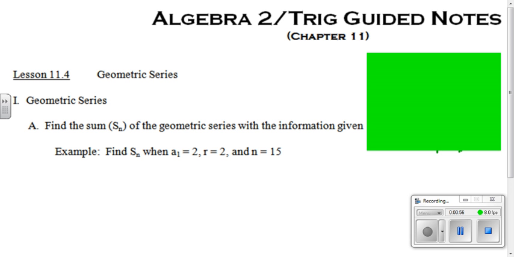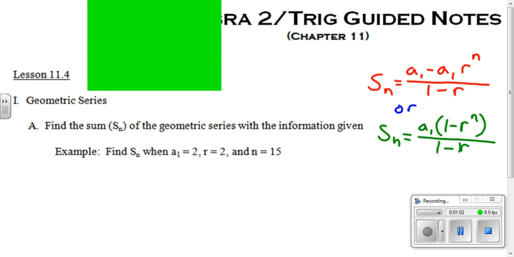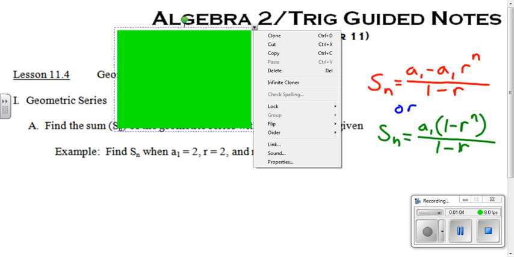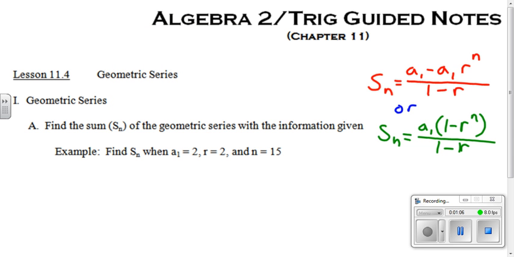Anytime we are given a geometric sequence or asked to find a sum of a geometric series, we want to look at one of these formulas here. The first one in red just states the basic: our sum, S sub n, equals a sub 1, our first term, minus our first term times our common ratio to the power of n, all of that divided by 1 minus r.